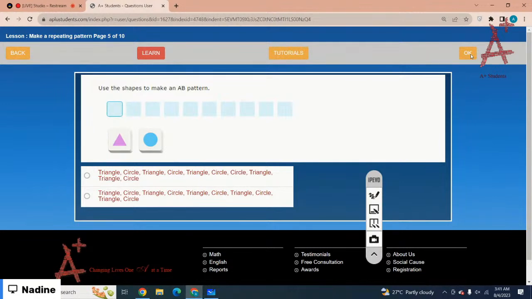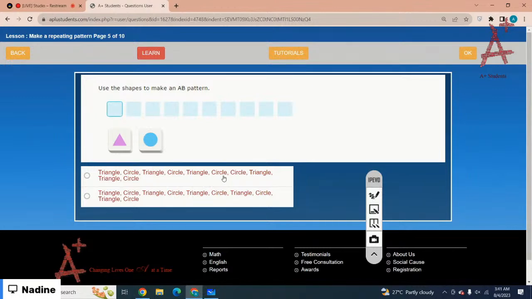Use the shapes to make an AB pattern. The correct option is triangle, circle, triangle, circle, triangle, circle, triangle, circle, triangle, circle.